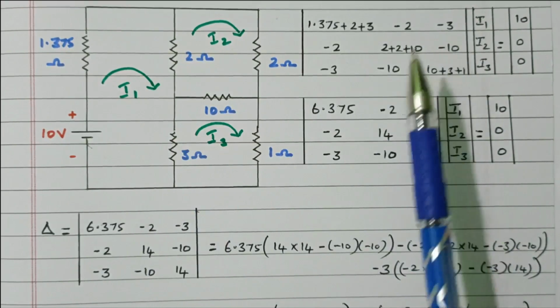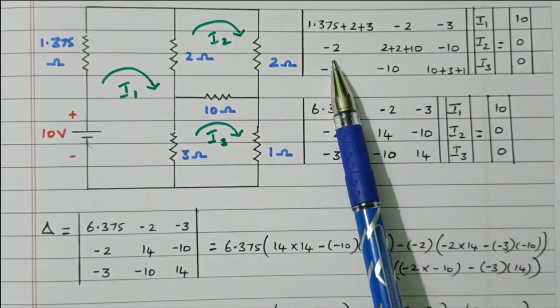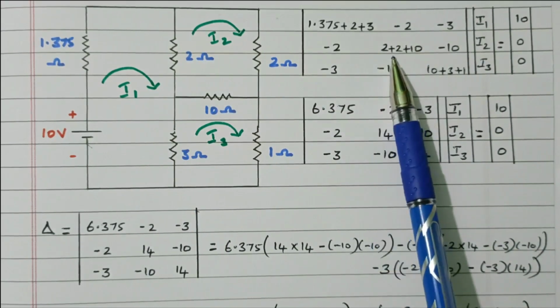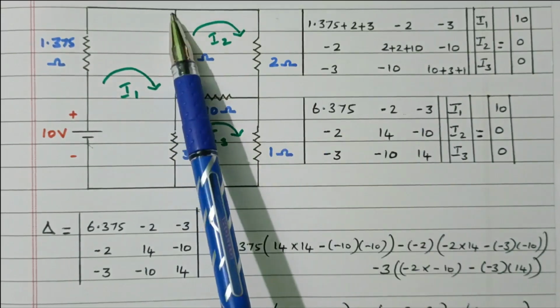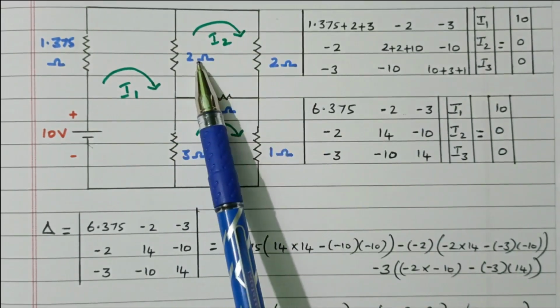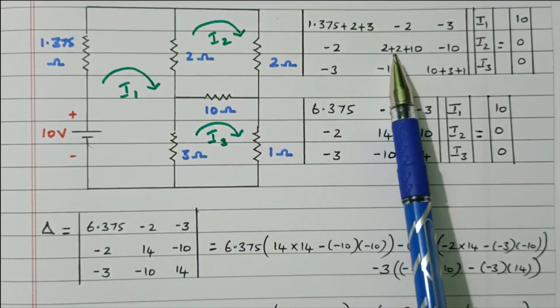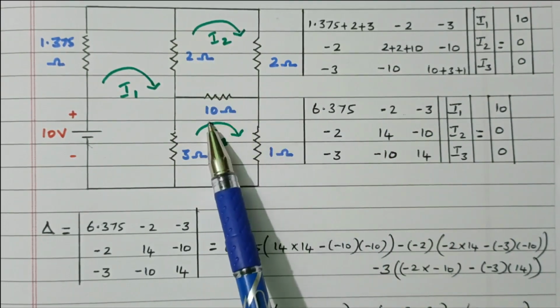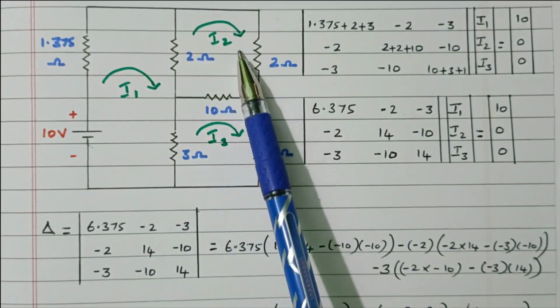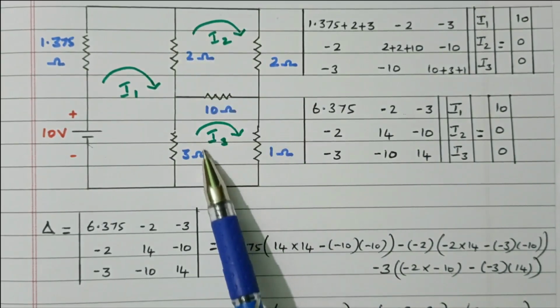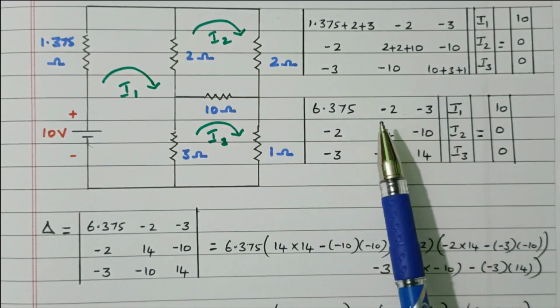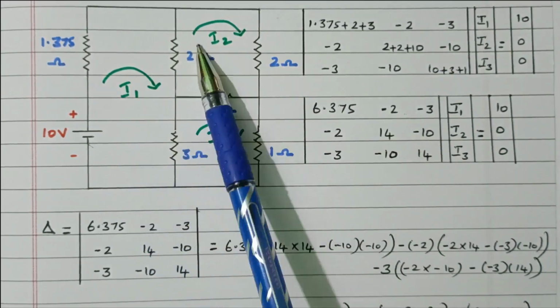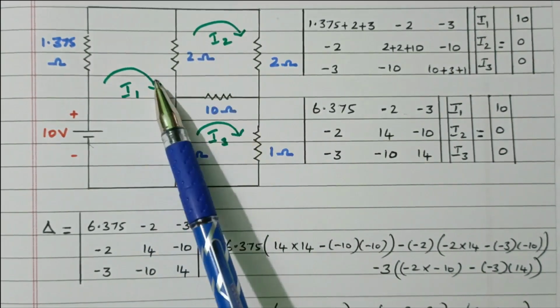So minus 3. Then R21 is very similar to this. Then R22, the total resistance in the second loop, 2 plus 10. Then R23, between the second loop and third loop, this 10 ohm is available. The current here is going in the opposite direction. So minus 10.